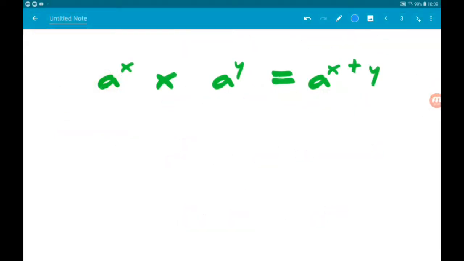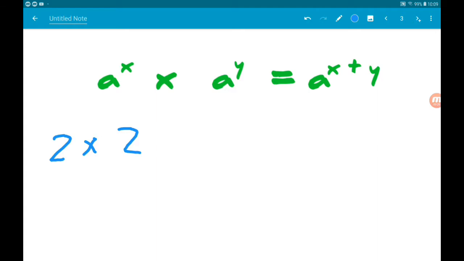Okay then, first up, we're going to play around with a to the power x times a to the power y is equal to a to the power x add y. So, let's do some examples. First of all, let's say we start with 2 times 2, and we want to write that as a power of 2.